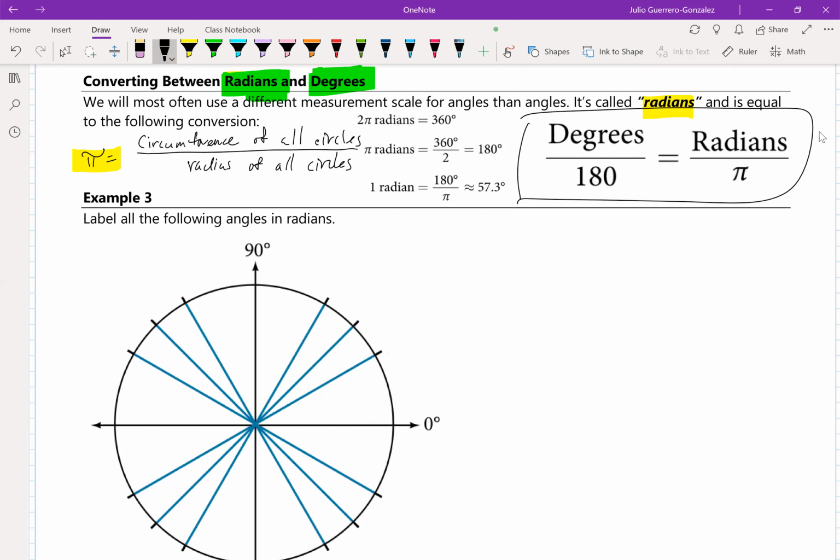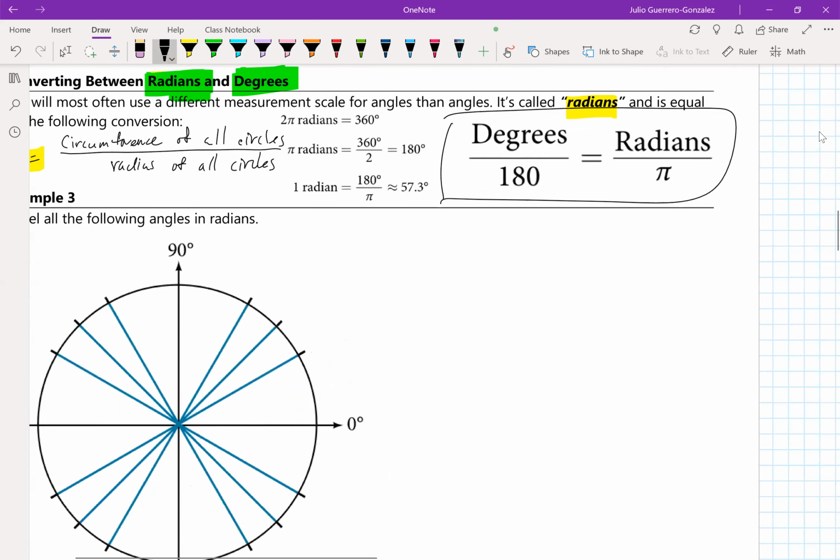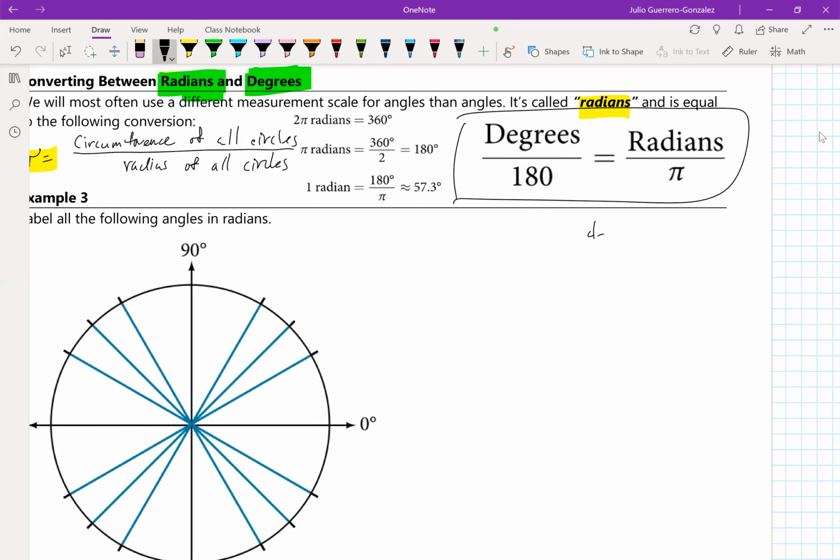The better way, I think, the way that I've learned how to do it is if you have degrees, right? You multiply times pi over 180.